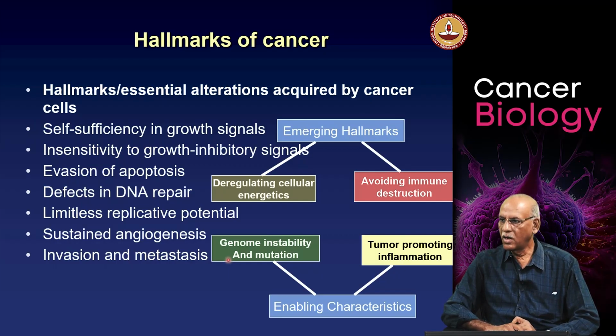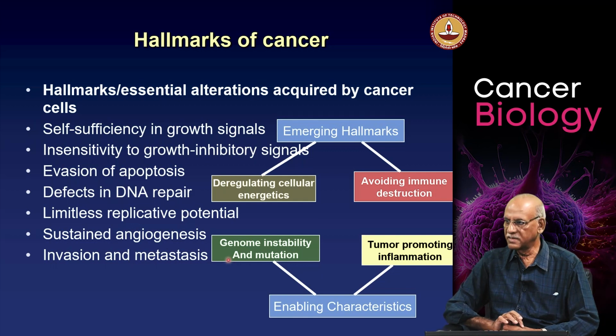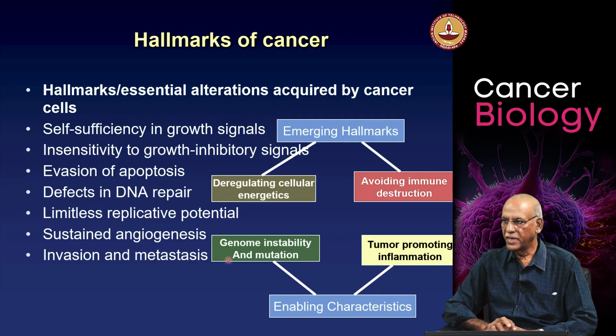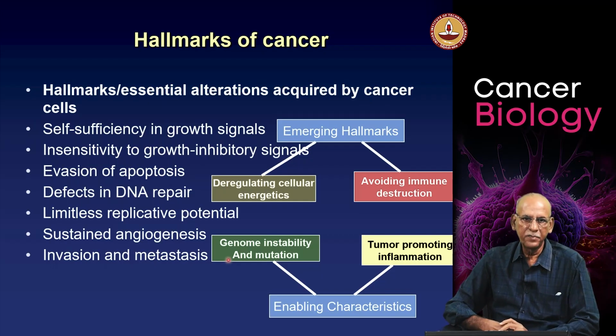There are other hallmarks, at least 6 essential alterations acquired by cancer cells have been listed by experts. Weinberg and Hanahan wrote a review long back, and again they revised it after 10 years, and gave other hallmarks also, but these 6 essential hallmarks are known to be acquired by normal cells when they become cancer cells.